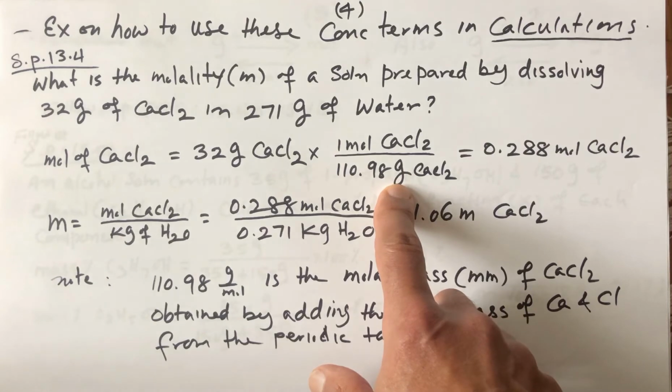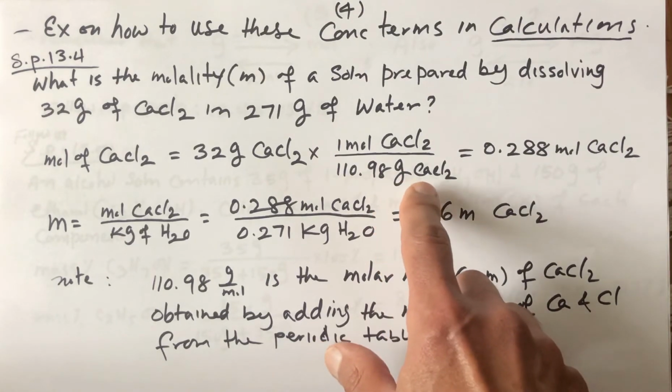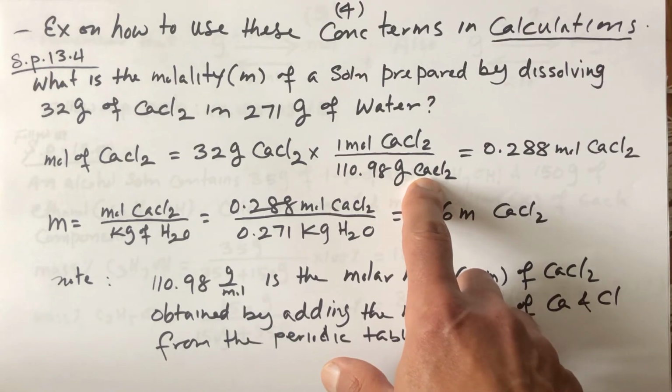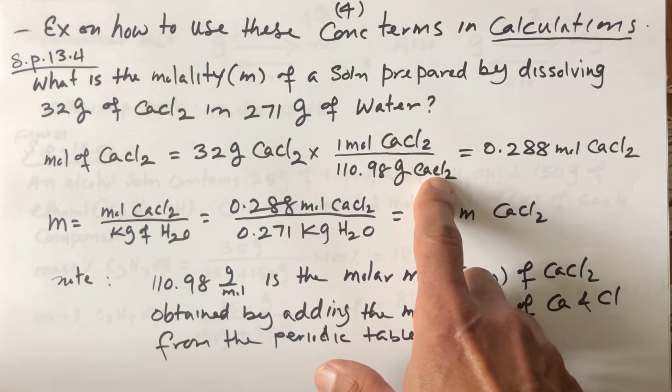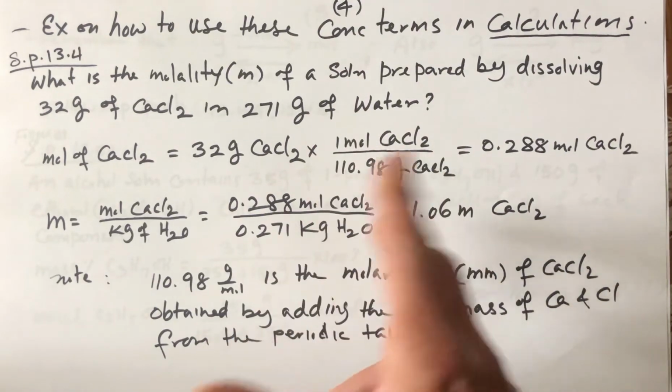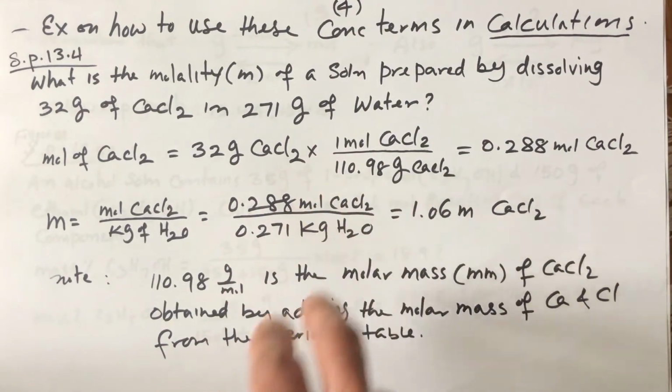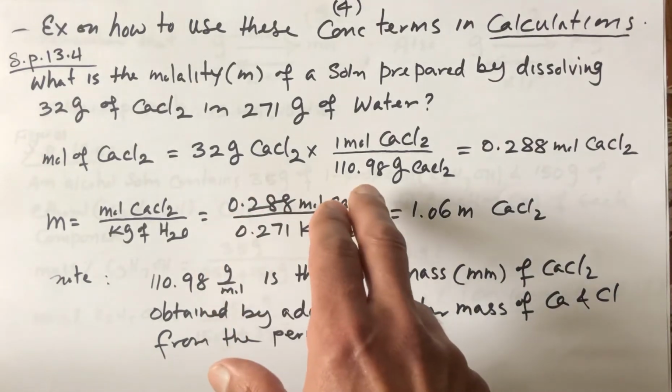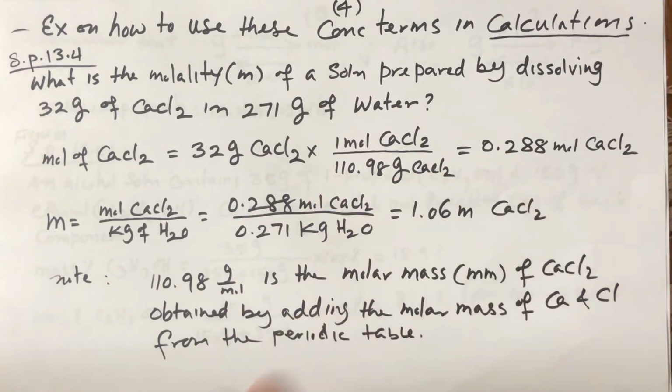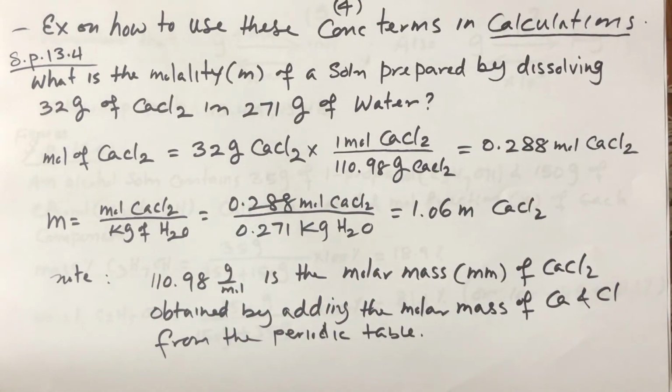That is something that you obtain from the periodic table by adding the molar mass of calcium and 2 times the molar mass of Cl. That number is 110.98. So 32 divided by the molar mass gives you the number of moles of the solute, which in this case is calcium chloride.